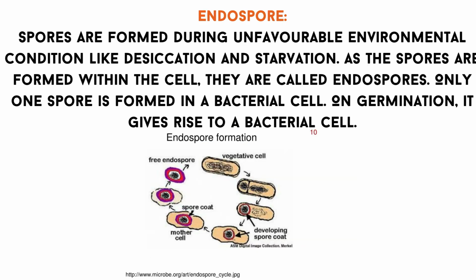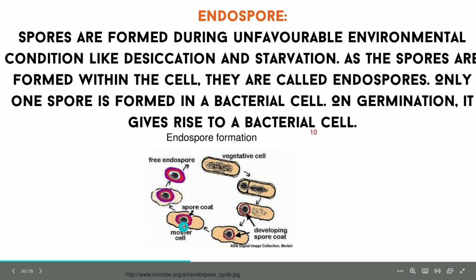Next, formation of endospore. The name itself indicates endo, inside the cell, endospore. Here you can see a vegetative cell wherein there is a partition, and this partition tries to grow by developing a spore coat, and this spore coat gets thicker and thicker, and there is a desiccation of the cell.